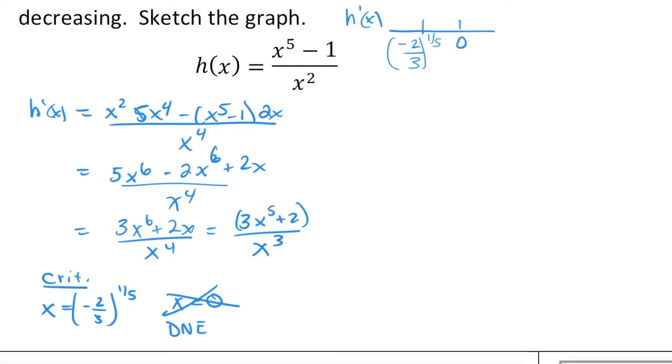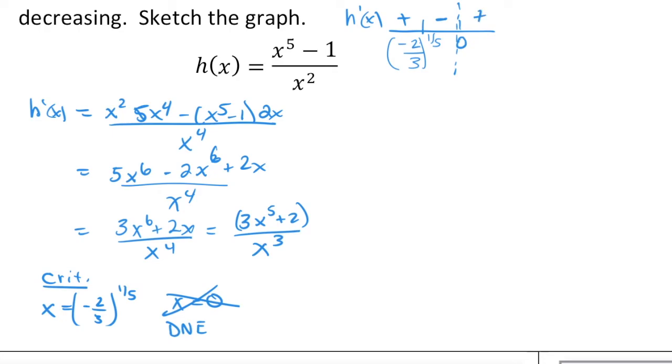To the left of (-2/3)^(1/5), we will have a negative divided by a negative, which makes it positive. In between (-2/3)^(1/5) and 0, it's going to be negative. After we hit our vertical asymptote, we will have positive values.